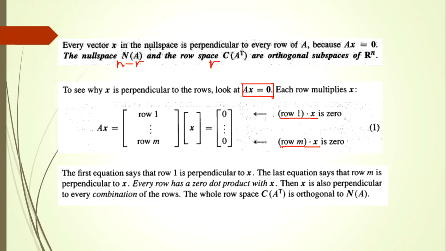That means each row is perpendicular to the vector x. Of course, x is the solution in the null space, right?